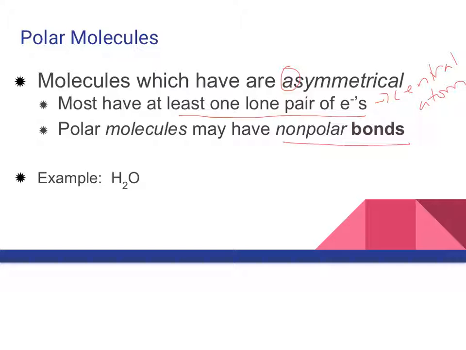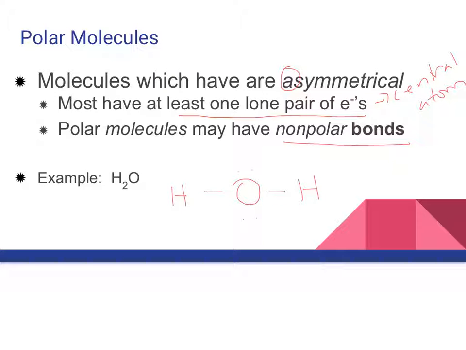An example of a very common polar molecule is H2O. If I were to draw the Lewis structure for H2O, hopefully we're getting pretty good at those, we would end up with a molecule that looks like this. Once again, when I look at this, it is going to appear as though maybe it's a symmetrical molecule because it's drawn in 2D.